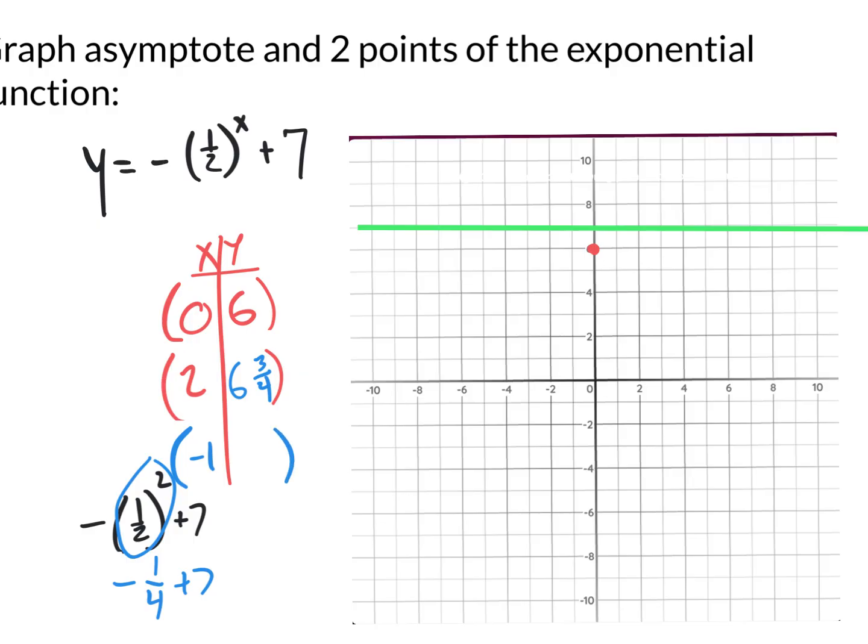So when you do plug in a negative 1, you're going to have negative 1/2 to the negative 1 power, and then plus 7. So what this does, the 1/2 to the negative 1, if you did 1/2 to the negative 1 on the calculator, that would actually equal to 2. So what you really have is the negative sign in front with a 2, and then the plus 7, and that actually gives you a 5.